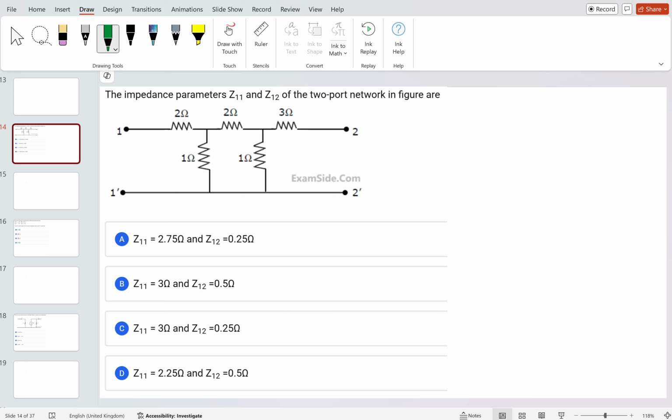Okay, I got the answer as option 1. Let me solve and see whether it is correct or not.